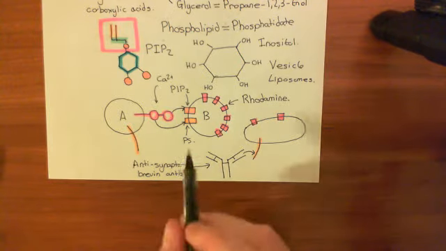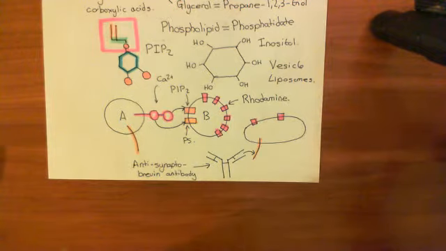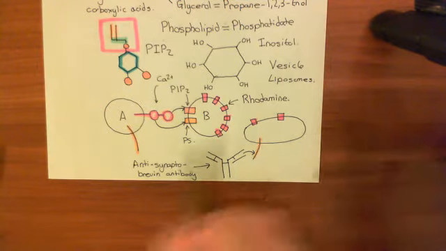Okay, so when you do this experiment, what you find is that yes, it is sufficient to produce the fusion of the two liposomes, and that's illustrated by the fact that the test tube will have the fluorescent properties of rhodamine.